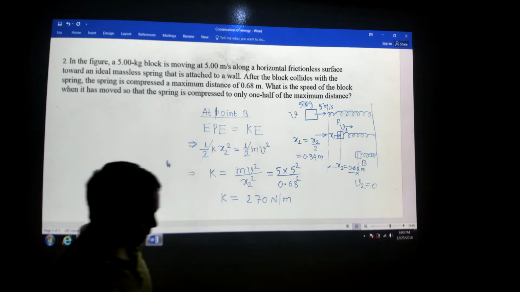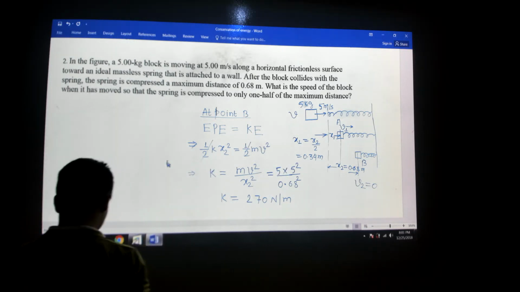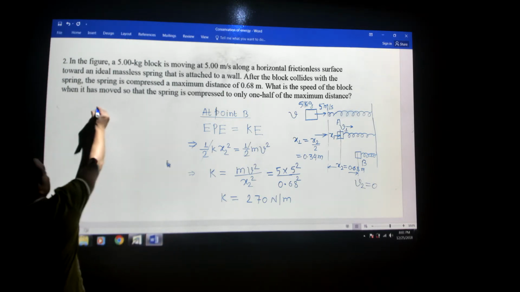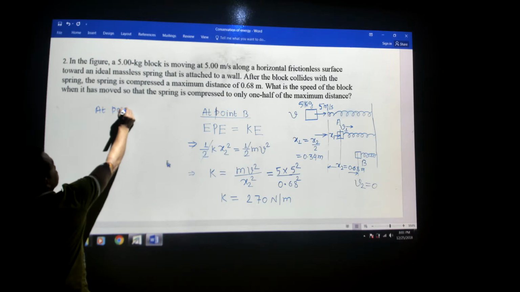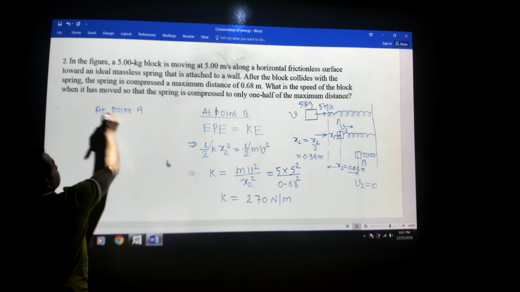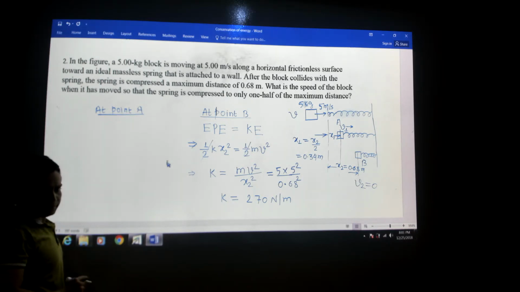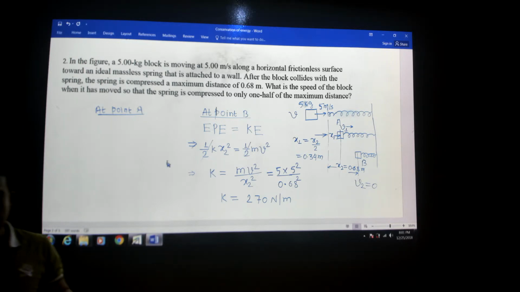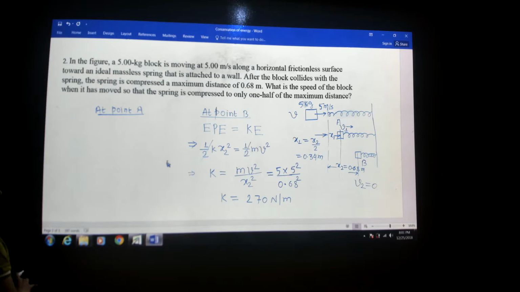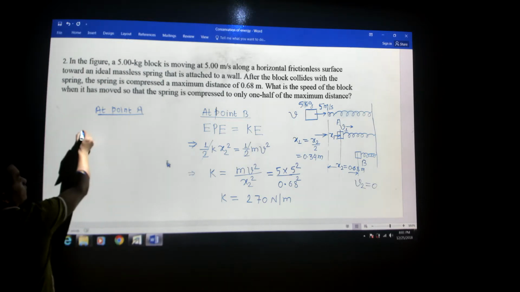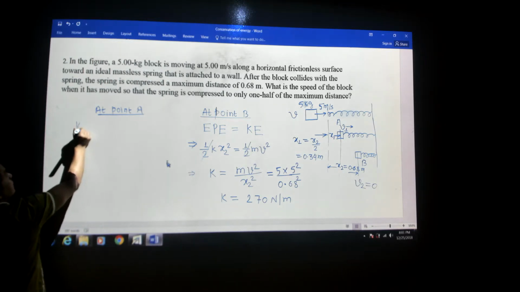And now let's move back to point A. What's happening at point A? You see, the total energy has to be the same.